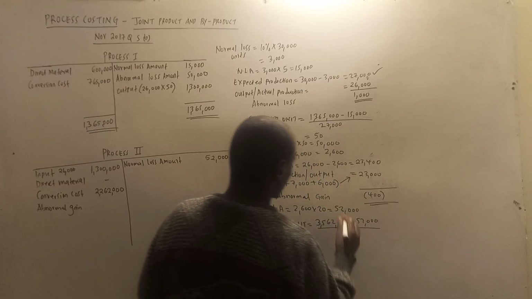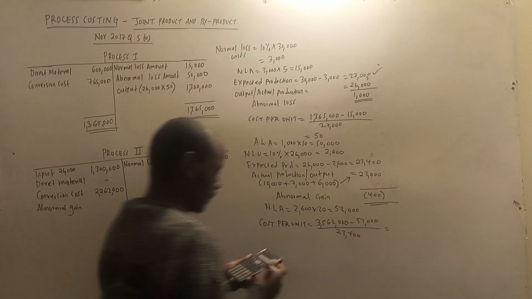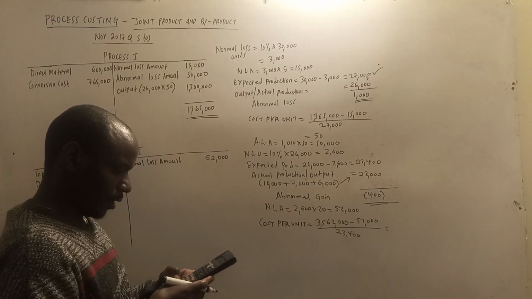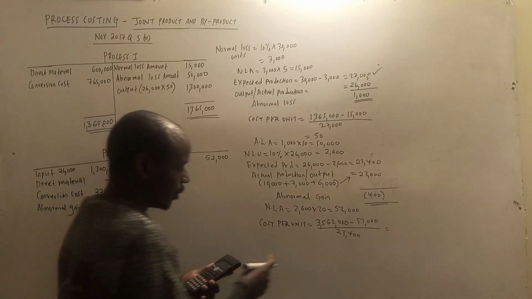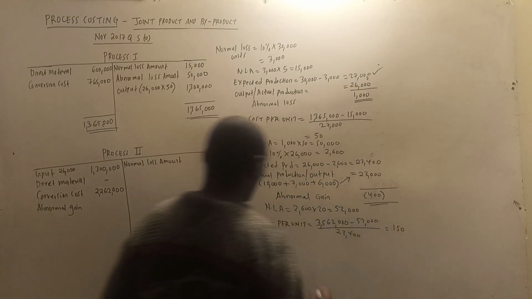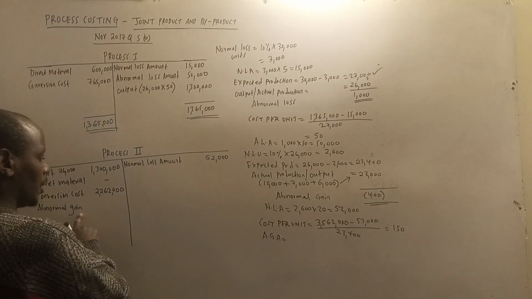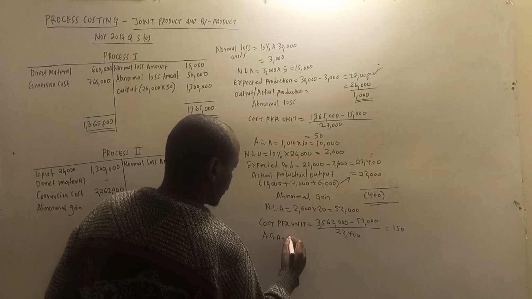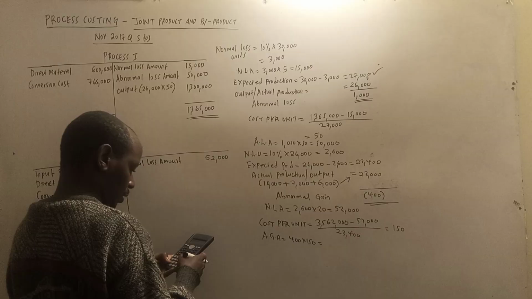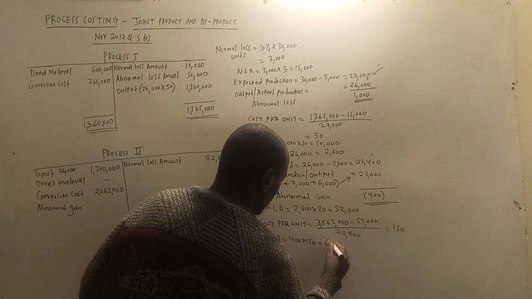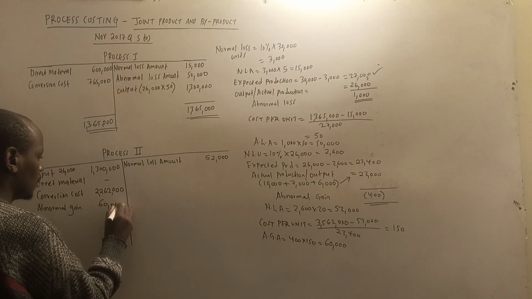You divide it by 23,400. So I'm getting 150. So the abnormal gain amount will be 400 times 150, which is 60,000.